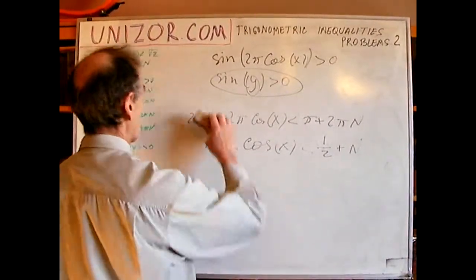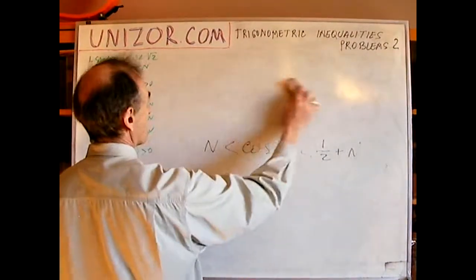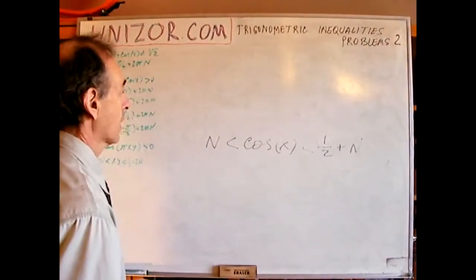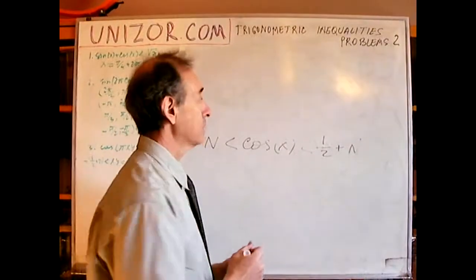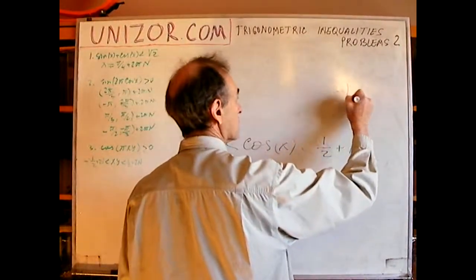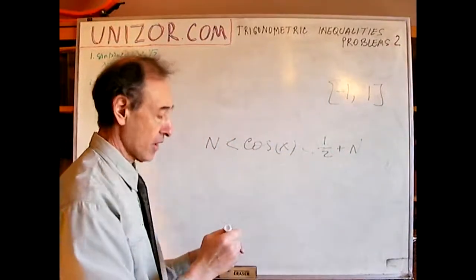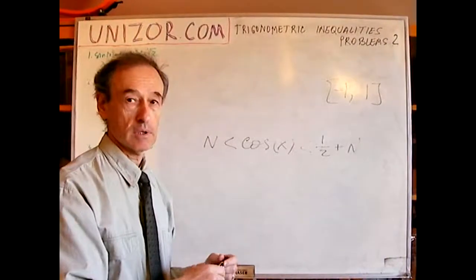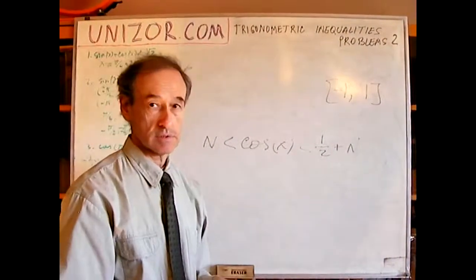All right, so let's wipe out this and consider this to be my problem. Now let's think about cosine is a restricted function. It's from -1 to 1. So n cannot be very big positive or very small negative value, because the cosine would be outside of this range.